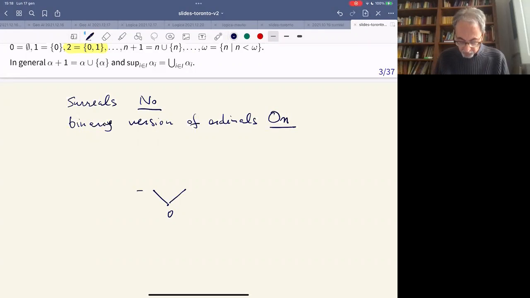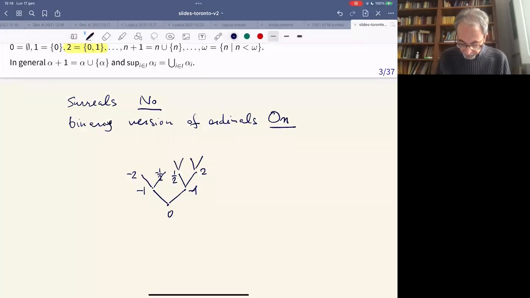And for some reason, these are called -1 and 1. Then you have a left successor and a right successor again, and this is called -2, this is called 2, this is called 1/2, this is called -1/2, and so on.